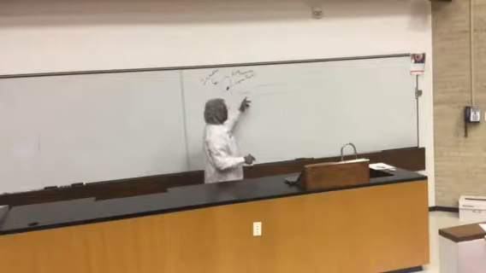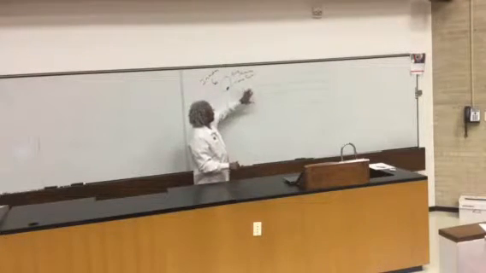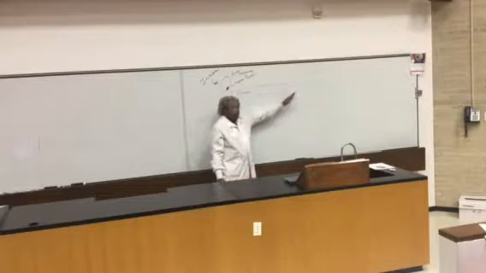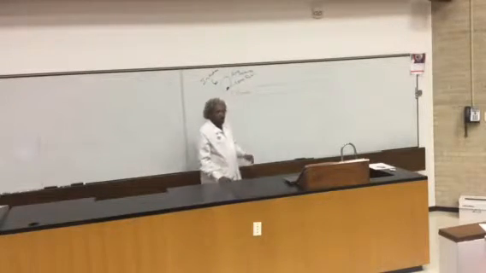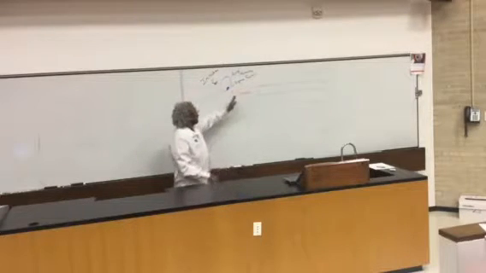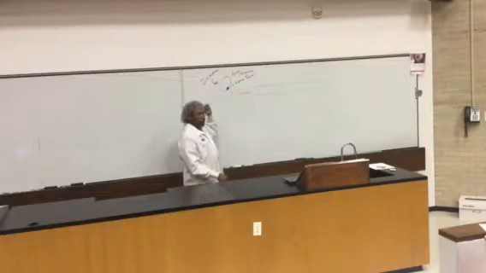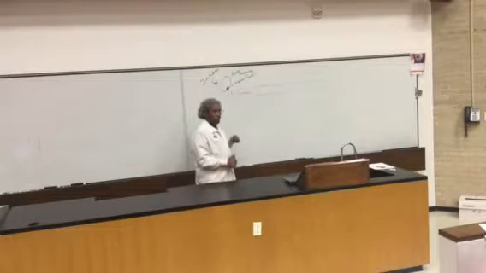Okay, so this promoter could have a preset direction for that gene that's going to be transcribed, or it could be the gene on this side, so it could be going upstream or downstream, is what we call it.